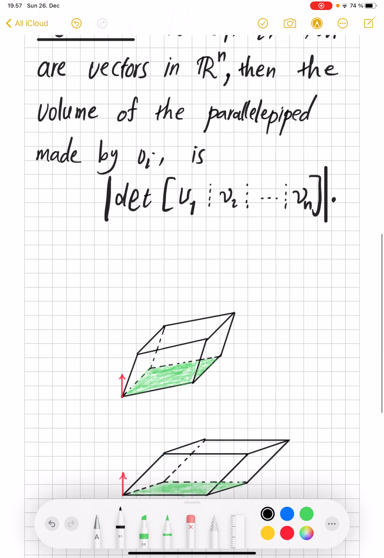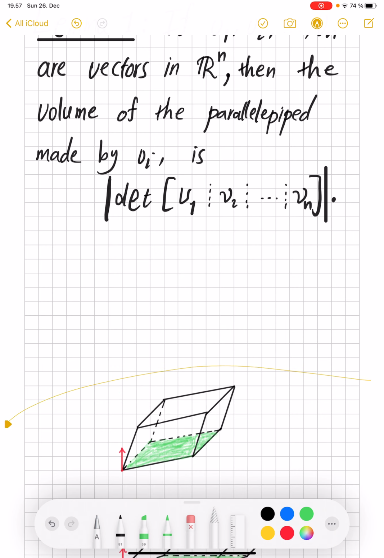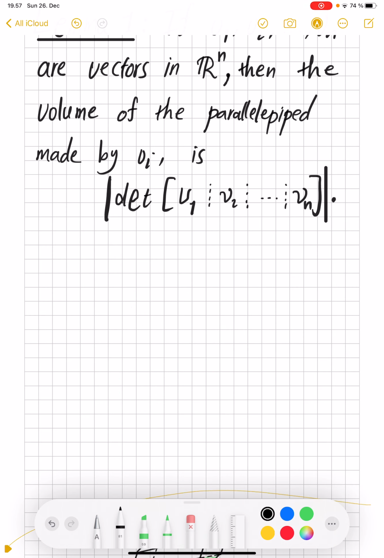So how do we prove this result? You definitely will have seen this, but usually without proof, and so it's nice to give a proof anyway. This proof will be by induction.